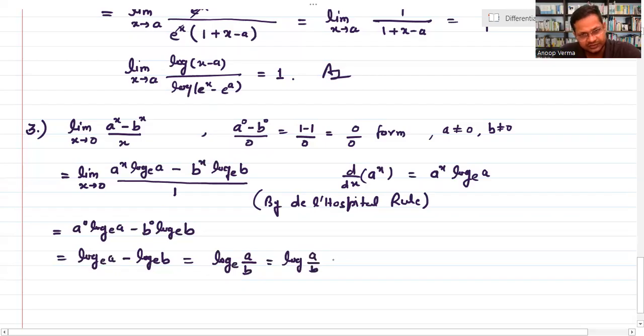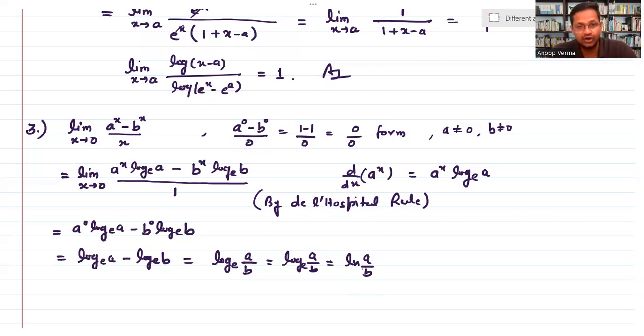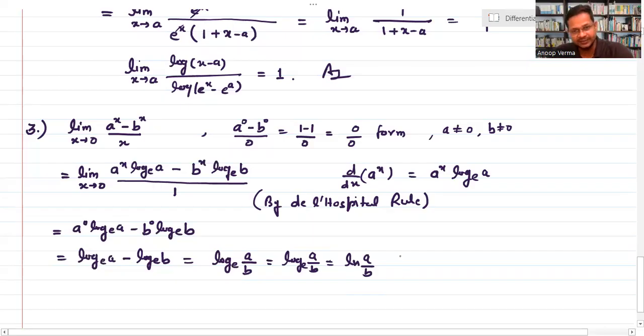Sometimes you can write ln a upon b, because ln means we are taking the base e. Okay, so the answer is log a upon b. So simply we are applying L'Hospital rule one time. Yeah, one time we are differentiating.